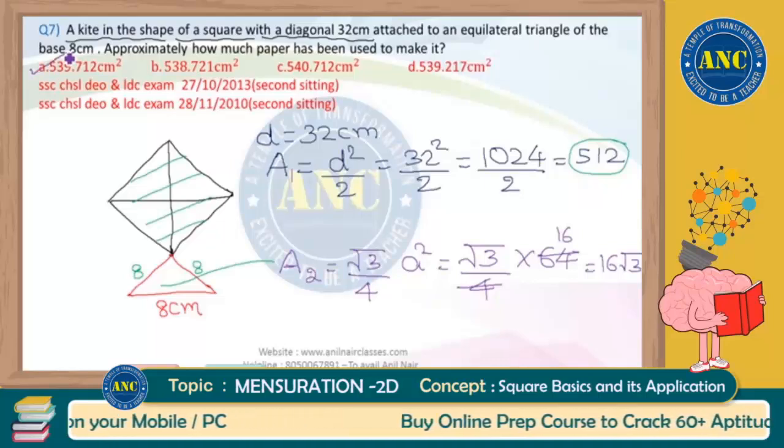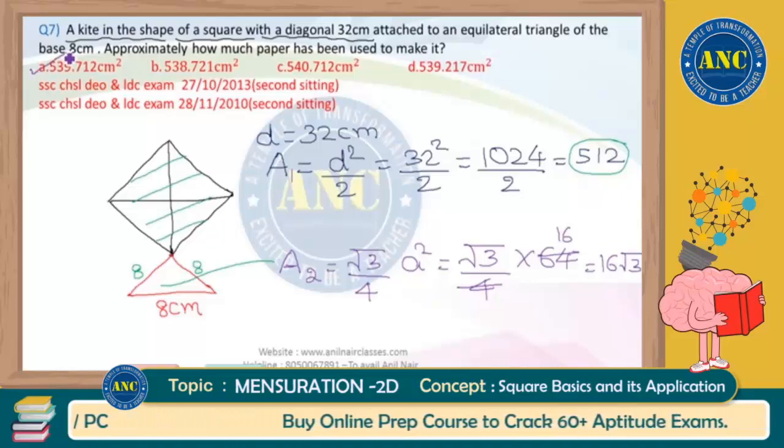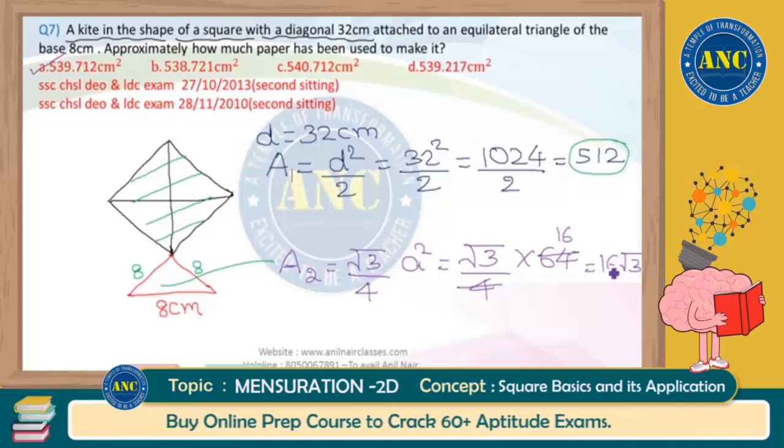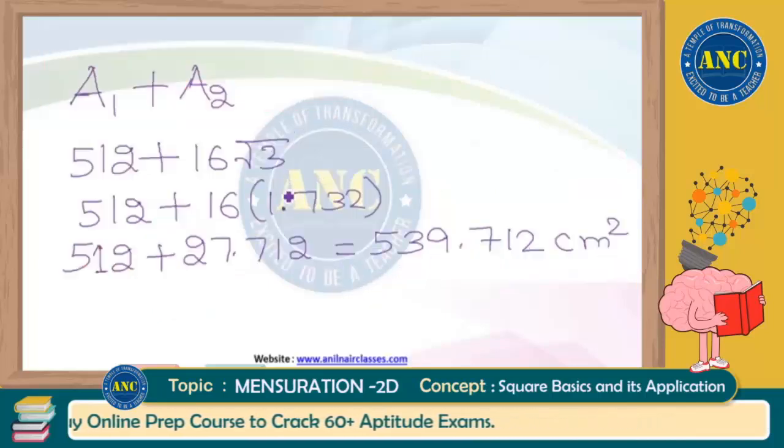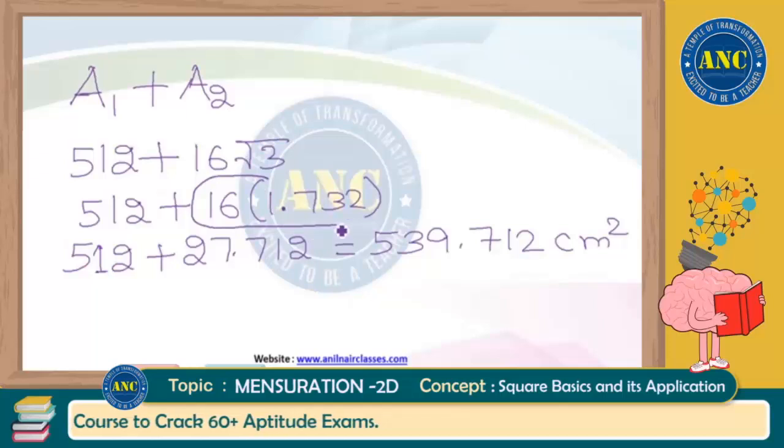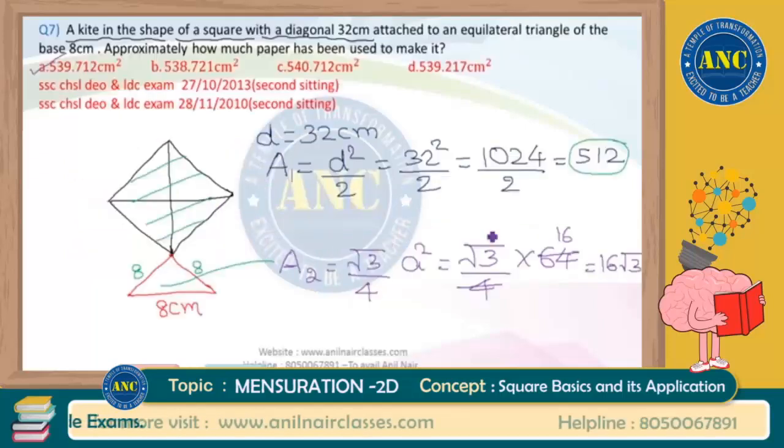I hope I am making sense for each and every student who is watching this video. You need to find all these multiplications. You should find it. There is no other way for you, because if you observe the answer options, all are very, very closer to each other. 539.712. Fourth option is 539.217.